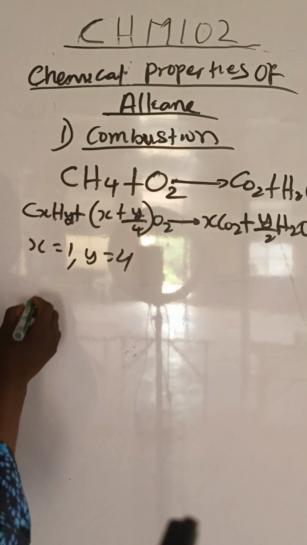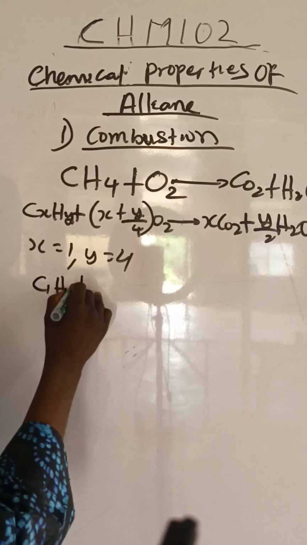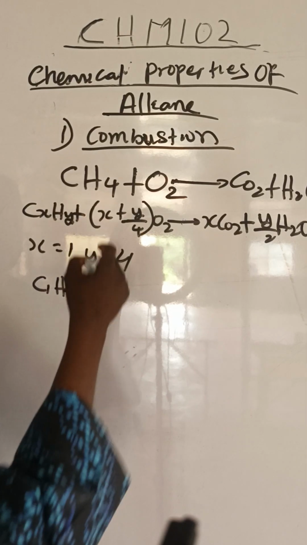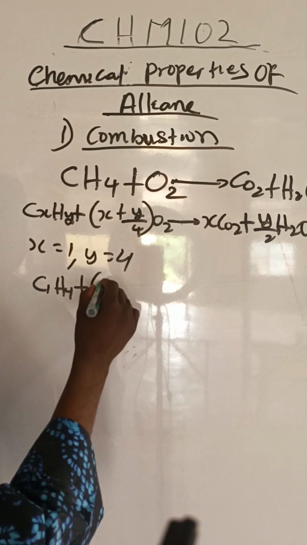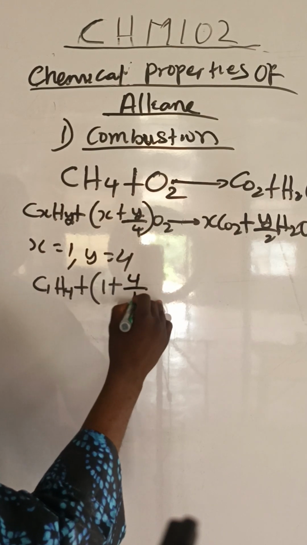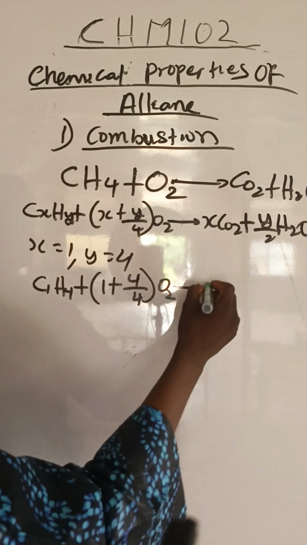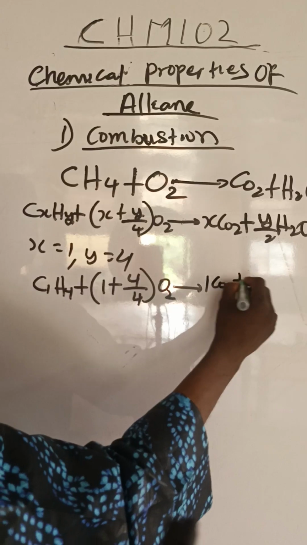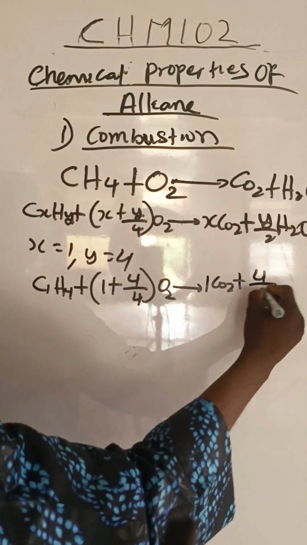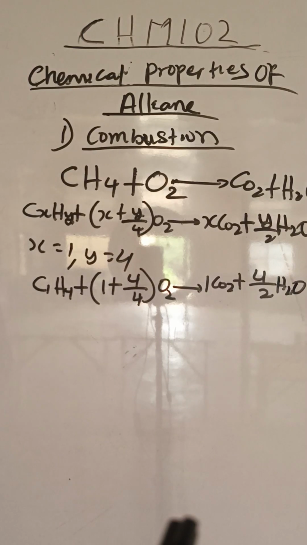Alright, let's put it there. That will be C1H4 plus, look at this x. Our x is what? Open bracket 1 plus, what is our y? 4 over 4, everything O2 to give, what is our x? 1 CO2 plus y is what? 4 over 2 H2O. Are you getting the point?